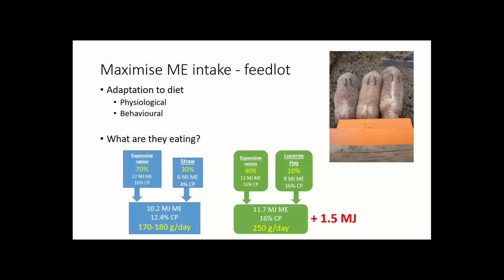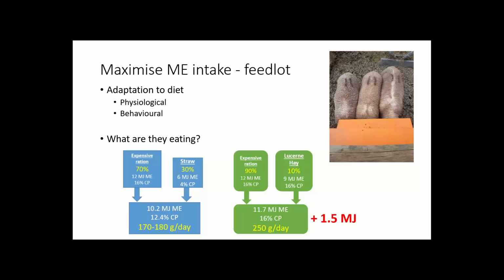Lambs have to meet their maintenance requirements every day, and any intake above that is growth. So if you can simply add 1 megajoule, 1.5 megajoules, that will translate to quite substantial growth. Additionally, interactions between grain and forage can affect both digestibility and intake.